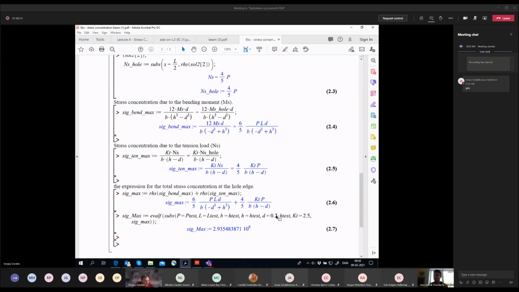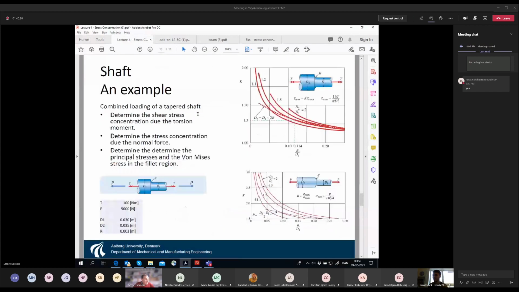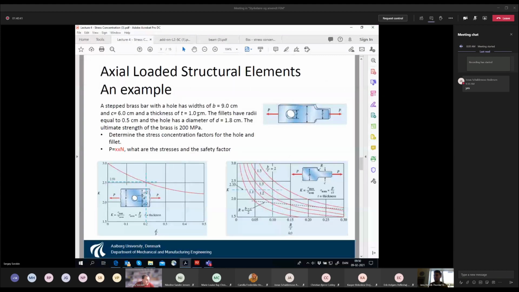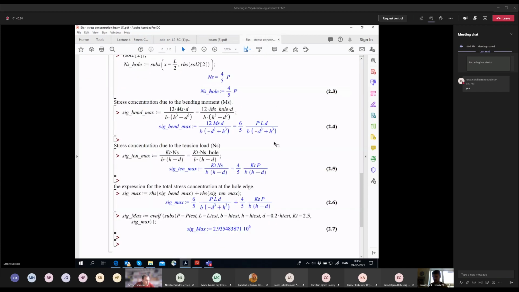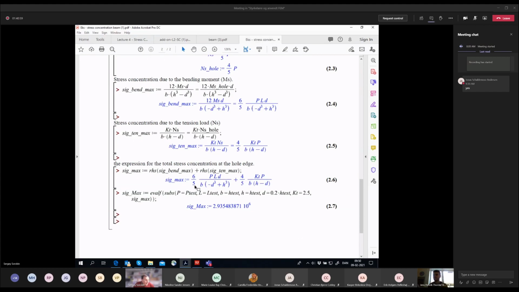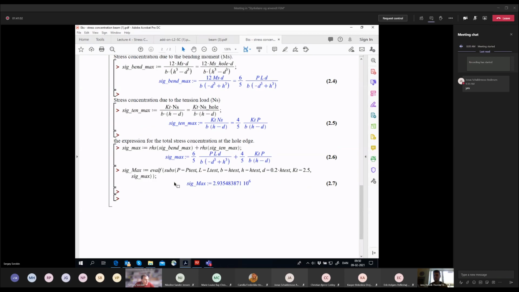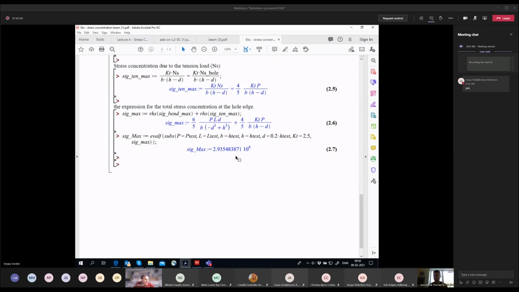Then we have to find this stress concentration factor, this KT, and to do this we go to the diagram here, and for point 2 we read our stress concentration factor is 2.5. Then you plug in numbers, and you get the answer: this is the value of the stress for the given numbers.